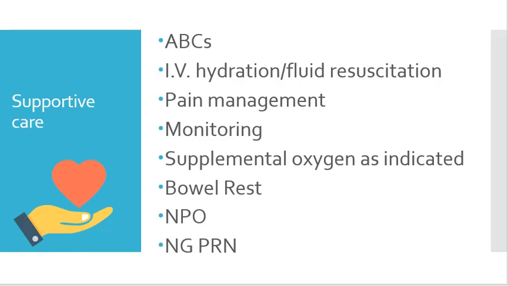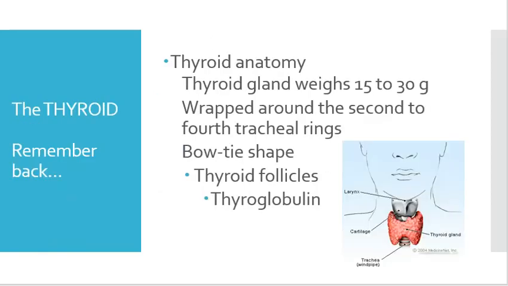So moving on to the thyroid, you can review last week's slides for more thyroid anatomy and physiology. But just remembering back that the thyroid gland consists of 2 lobes connected by an isthmus. This butterfly-shaped gland in the anterior neck below the cricoid cartilage partially surrounds the trachea.